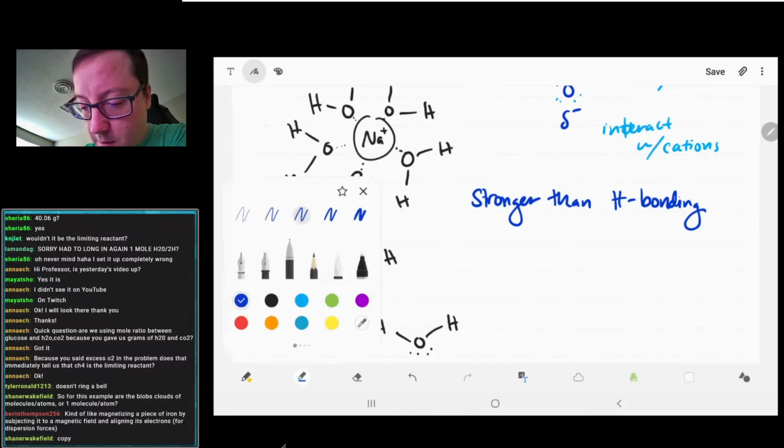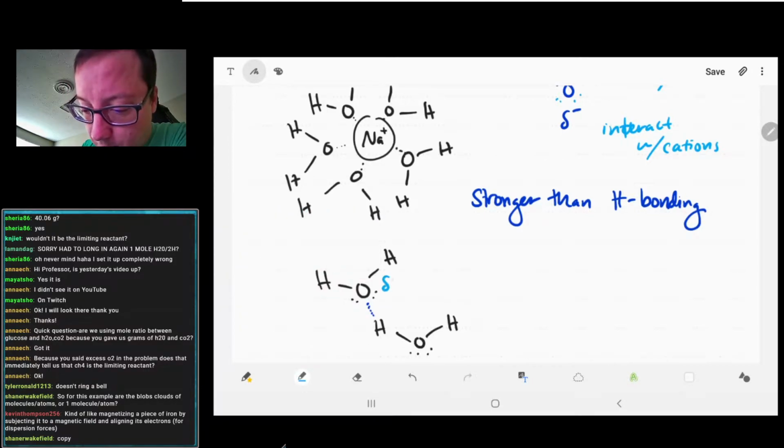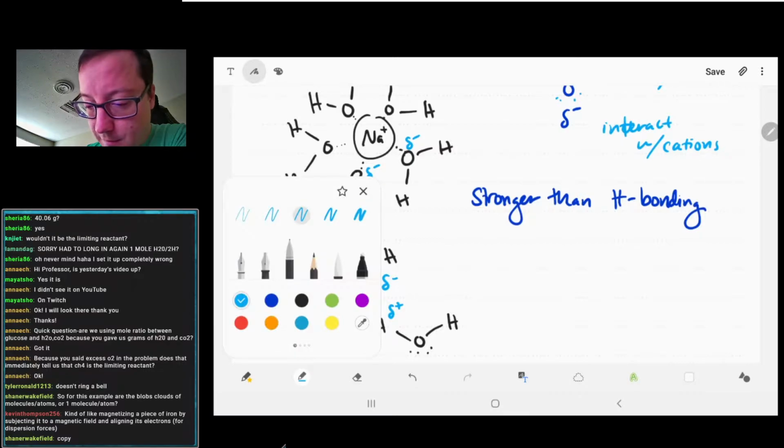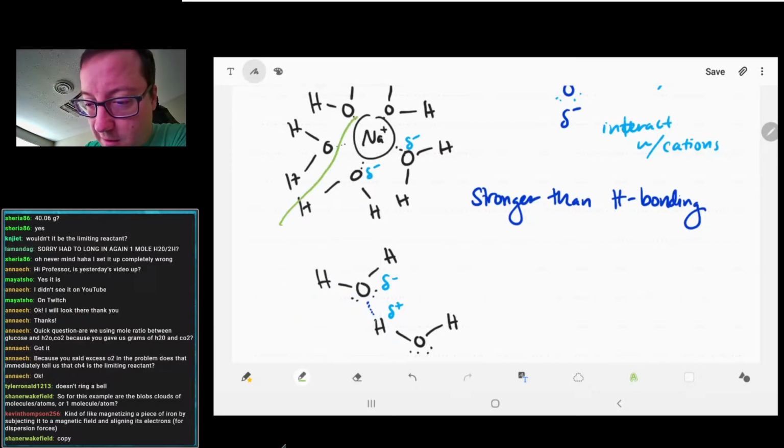There we go. The difference here, actually you guys can tell me, what's the difference between these two interactions? So maybe I'll circle it. Comparing this to that, what's different between these two interactions here? Water with another water or water with a sodium ion? What do we see as the difference?